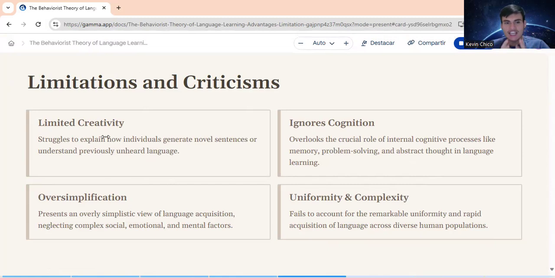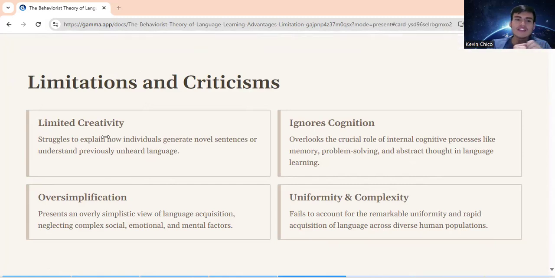Oversimplification: it presents an overly simplistic view of language acquisition that lacks complex social, environmental, and mental factors. And finally, uniformity and complexity: it fails to account for the remarkable uniformity and rapid acquisition of language across diverse human populations.